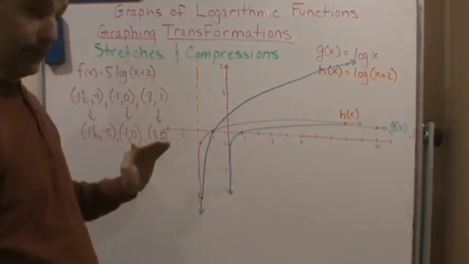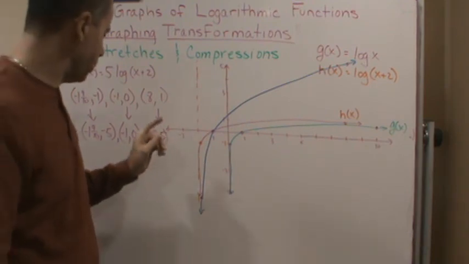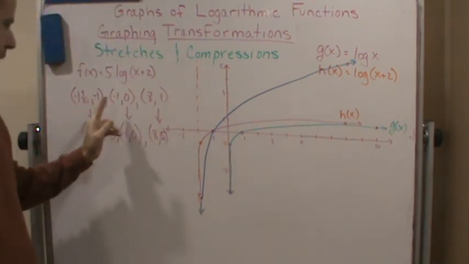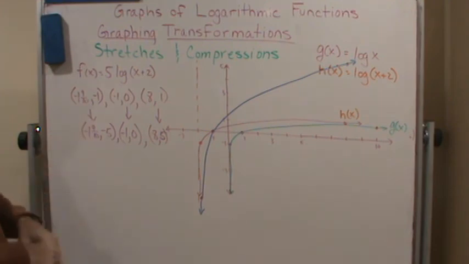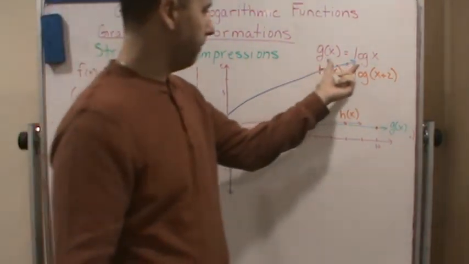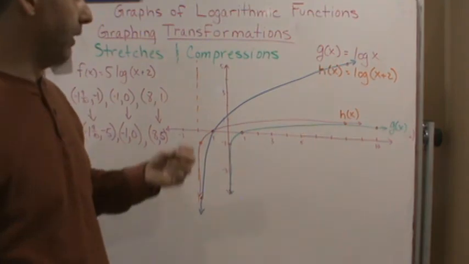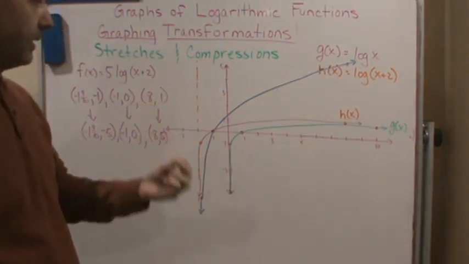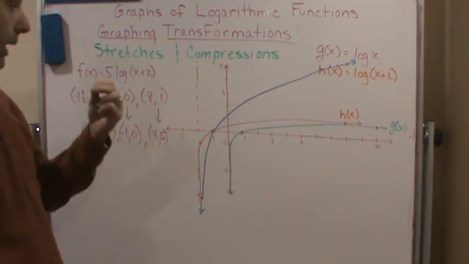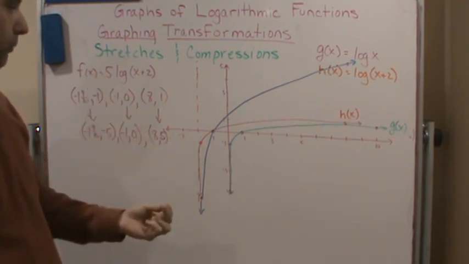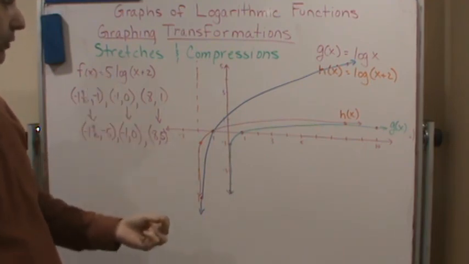And plot the points. If you do it this way, where you just use the 3 common points, which are what? The basic function for this one is going to be 10, 1; 1, 0; and 1/10, -1.